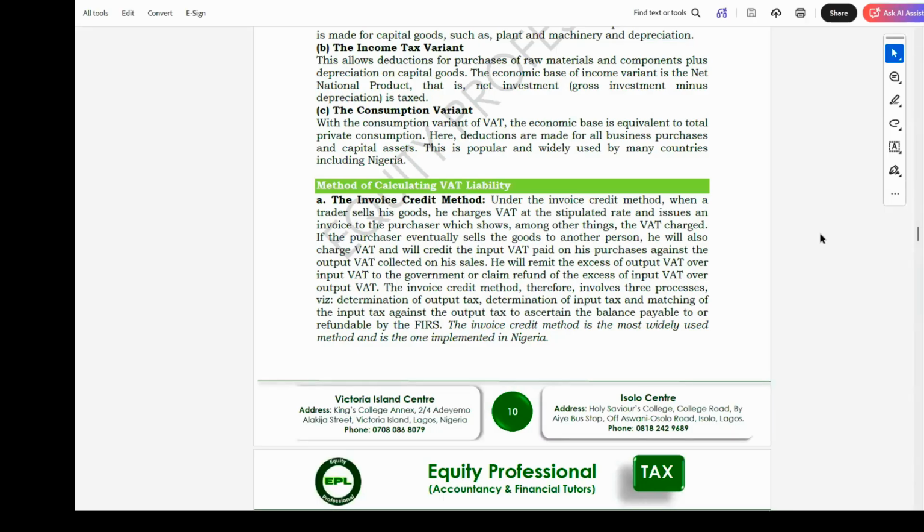The difference between your output VAT minus your input VAT gives you the amount of VAT payable to the relevant tax authority, which is FIRS. Where the input VAT is more than the output VAT, that gives you the VAT credit, or the VAT to be refunded by the relevant tax authority, which can be collected in different forms.